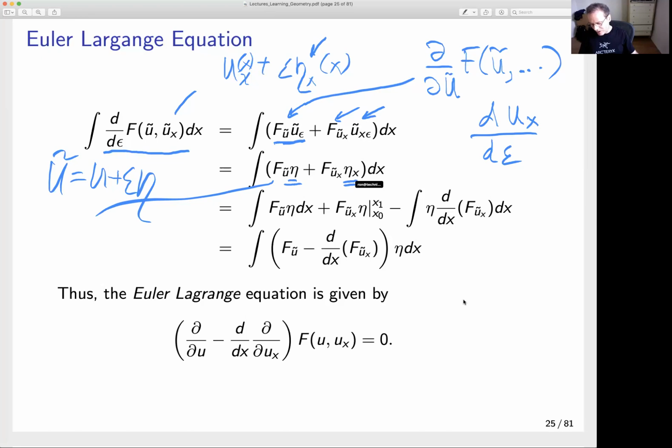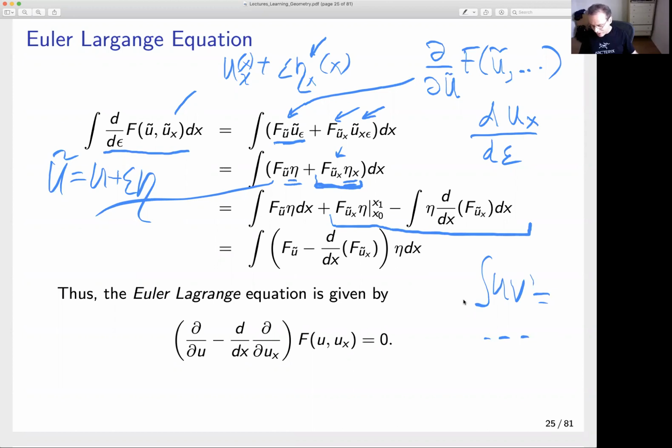Now what I would do is I would apply integration by parts in order to change the derivative from eta to u, okay, which is equal to what we have here. You remember integration of u v prime equals, so this is integration by parts.